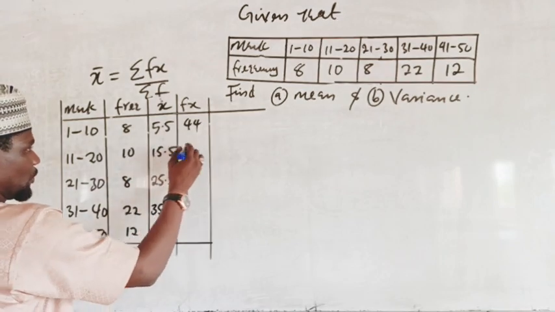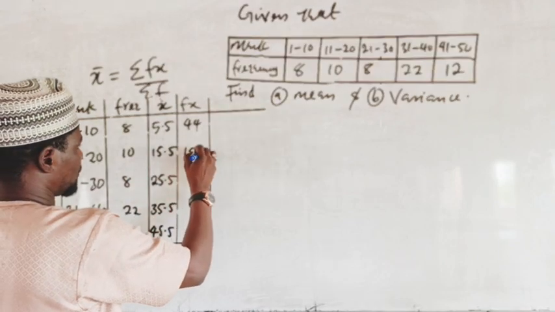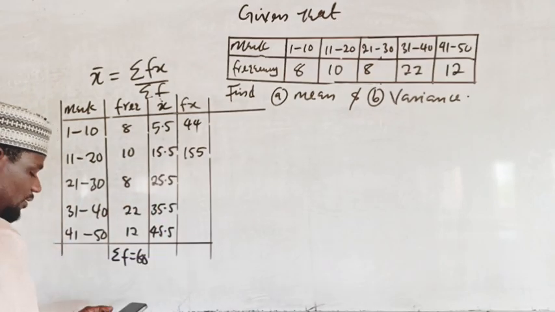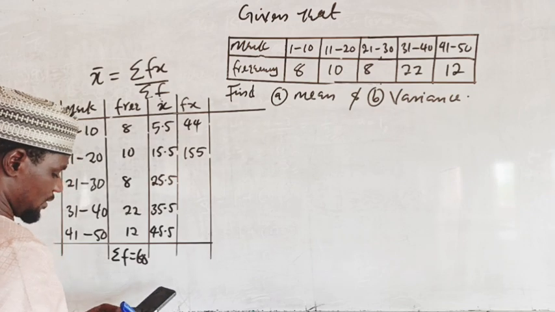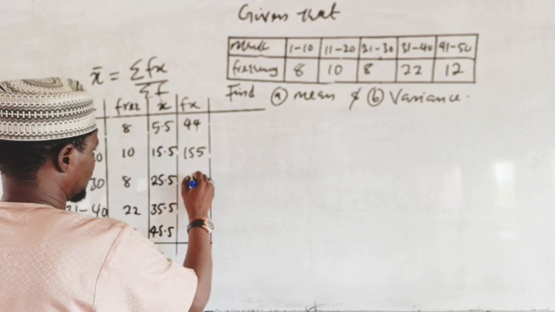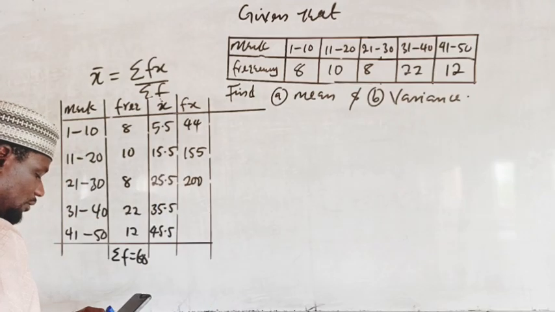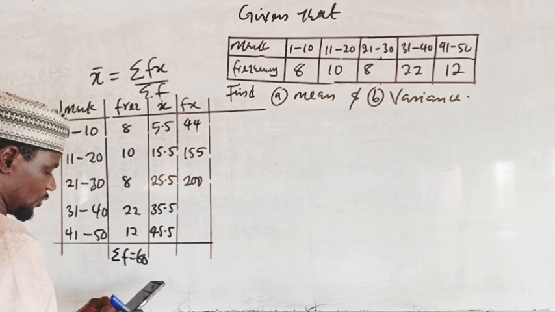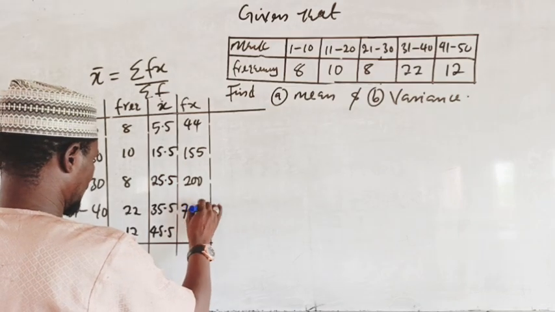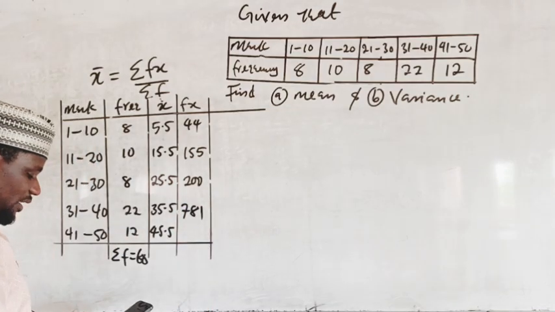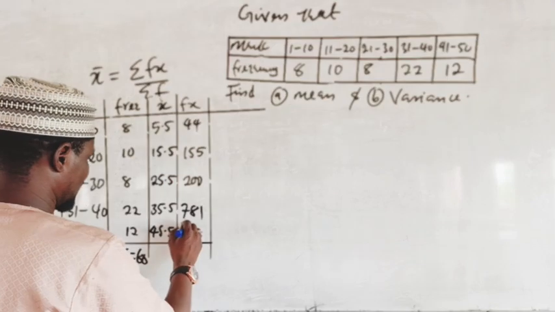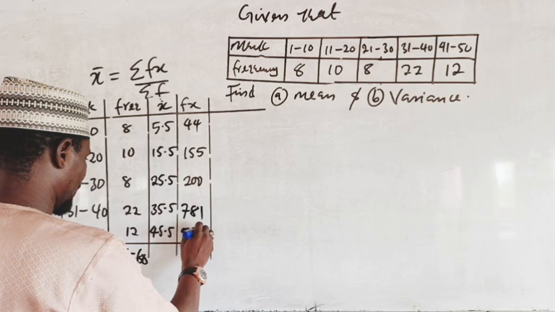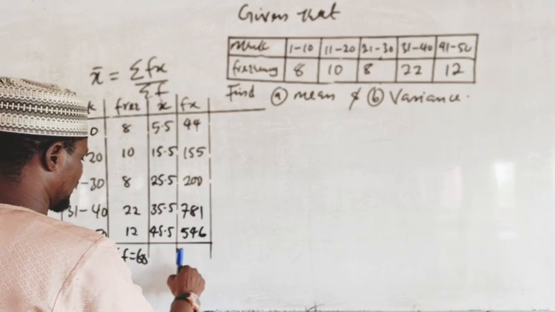Then 10 times 15.5 is 155. 25.5 times 8 is 204. Then 35.5 times 22 is 781. Then 45.5 times 12 is 546.